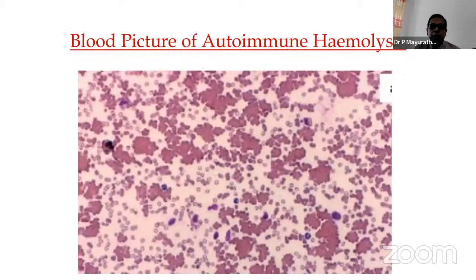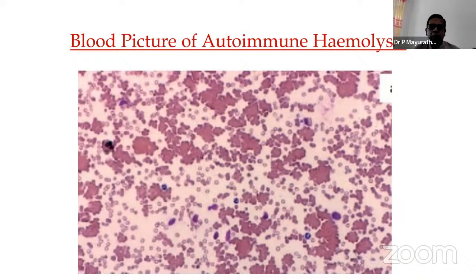On the slide of hemolysis, you can see agglutinations. But because I was talking about warm type as well as the cold type, this depends on the body temperature. The warm type of hemolysis happens at our body temperature.